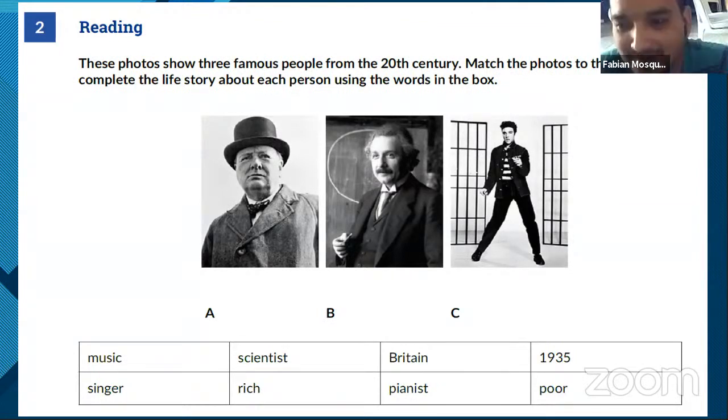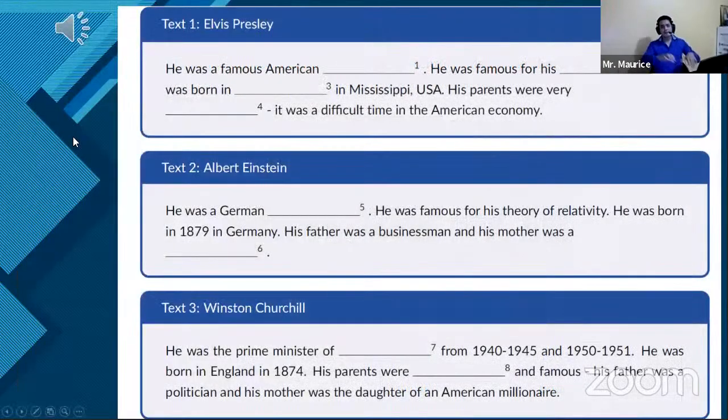Thank you. Okay, now take a look. In this activity, I want you guys to take your notebook and a pen or pencil. You're going to listen to information about these people.